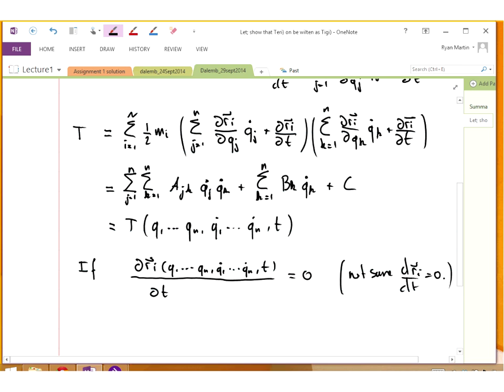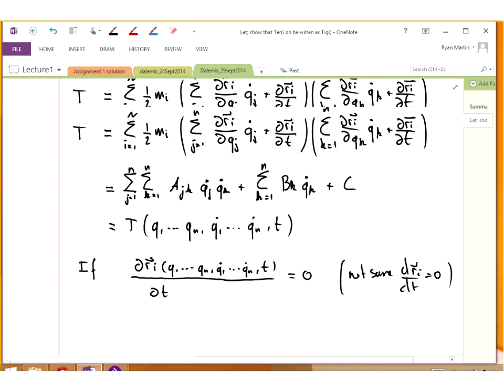Because of course, the total time derivative is not 0 because the particles potentially could move. But the coordinate transformations don't depend on time. That means that the second term in the sum, the dri by dt, is equal to 0. And so that simplifies the kinetic energy considerably. And then the only term that we're left with is the first term.